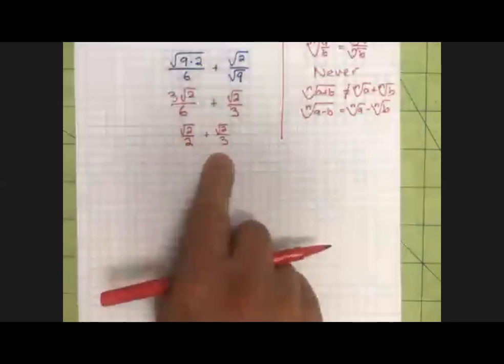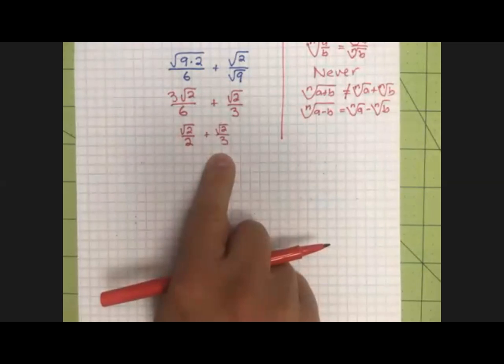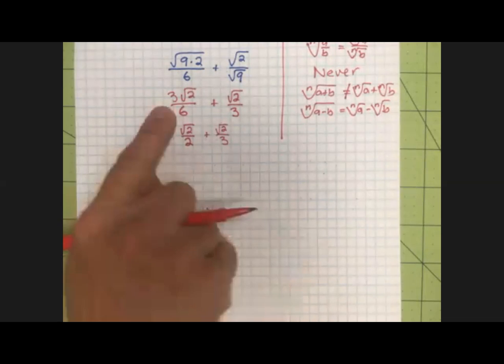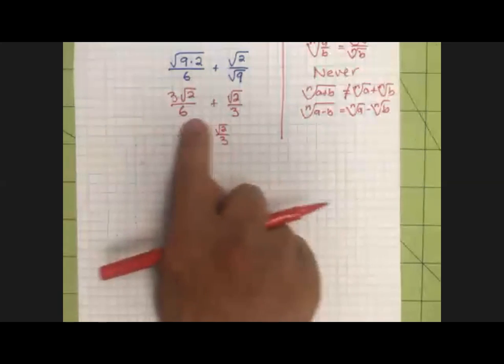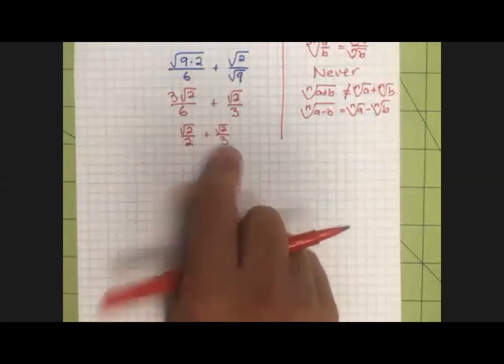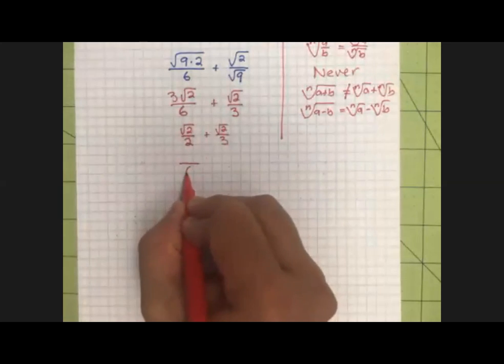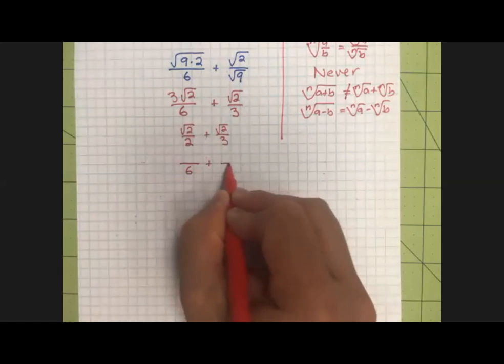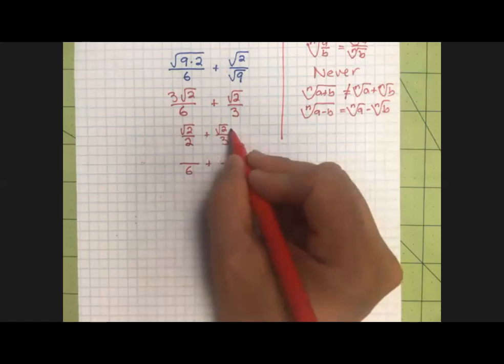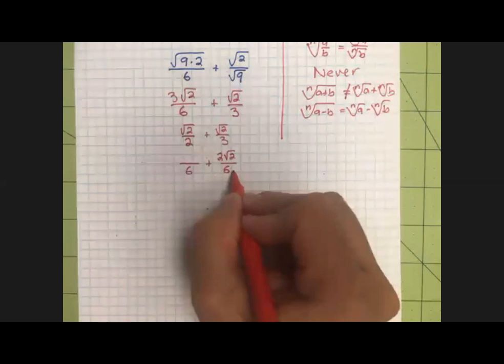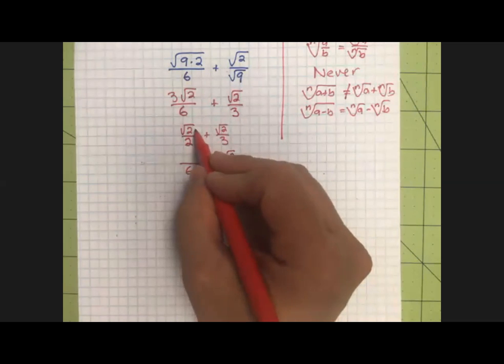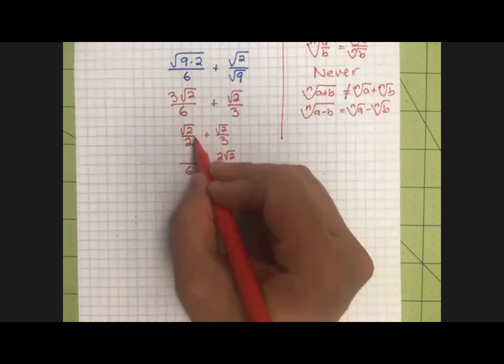Can I combine these? Well, yes, I can, because I can make common denominators. I might as well have just kept that 3 over 6 sitting there, right? Because if I choose a common denominator here, it's going to be 6. I have to multiply this one top and bottom by 2 to create that 6, and I have to multiply this fraction top and bottom by 3 to create that 6.